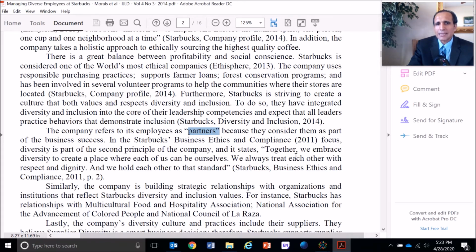And it states, together we embrace diversity to create a place where each of us can be ourselves. We always treat each other with respect and dignity, and we hold each other to that standard. Again, this statement comes from Starbucks Business Ethics and Compliance 2011, page 2.